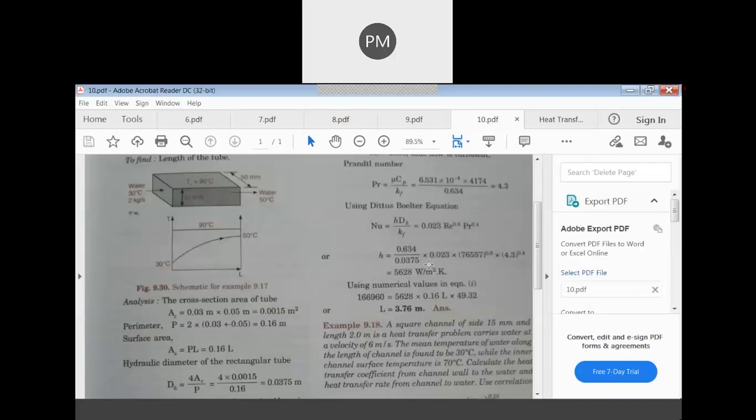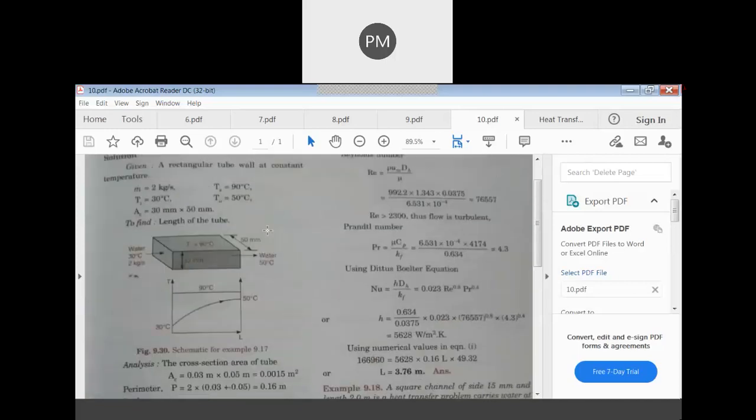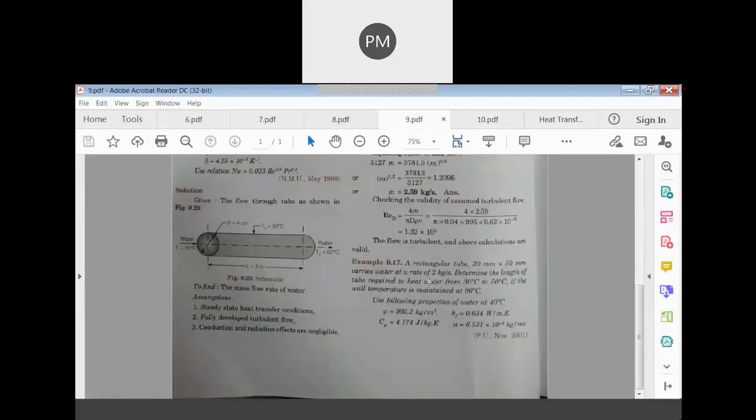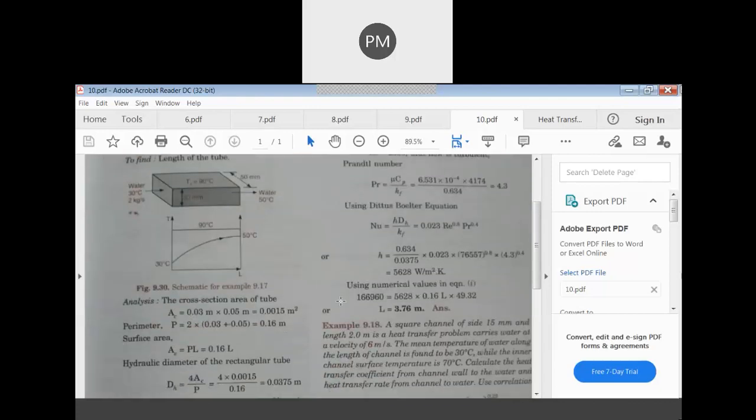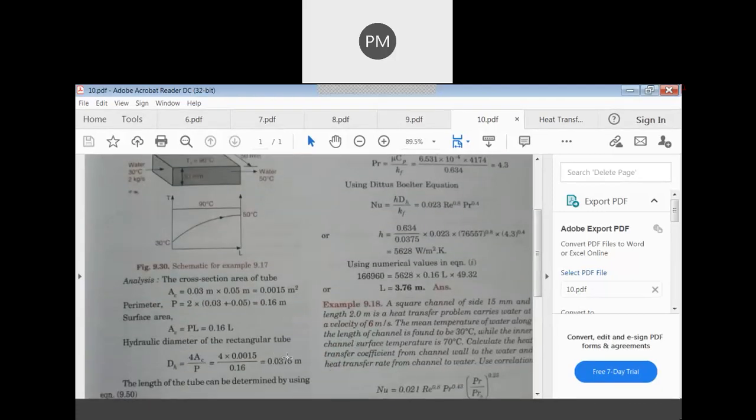Now, Nusselt number is hd by k of this formula. So h is nothing but k by d into this formula. What is the thermal conductivity? 0.634, divided by the hydraulic diameter that has been calculated here, 0.0375.